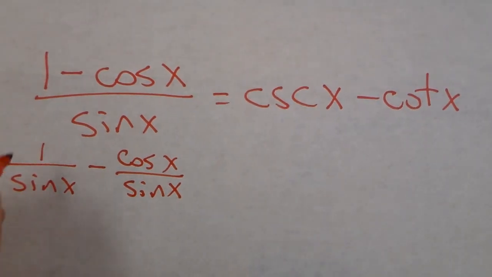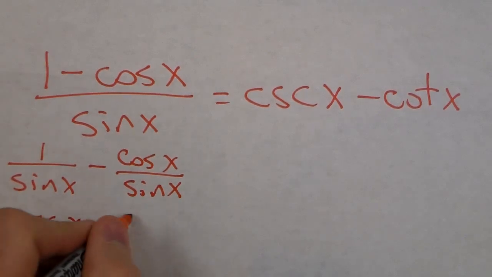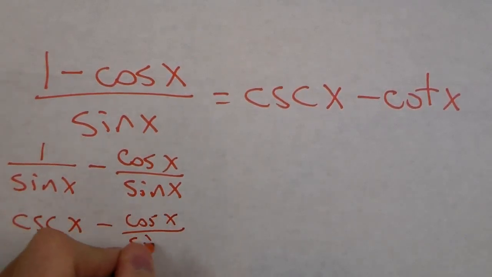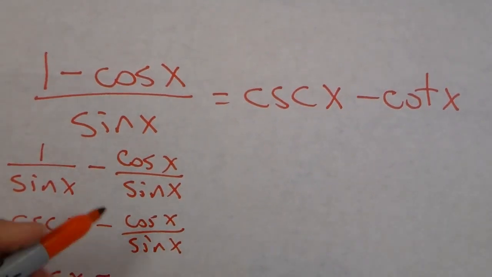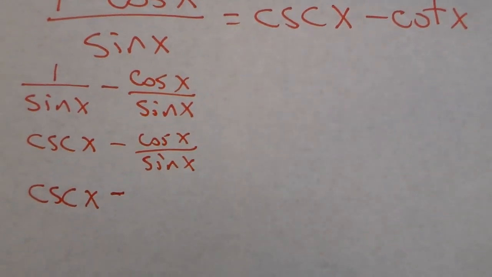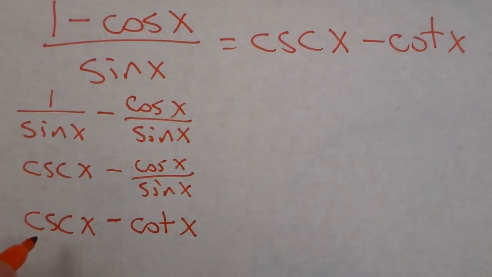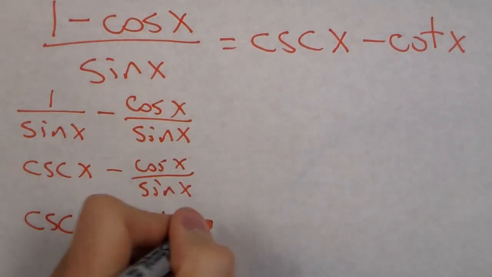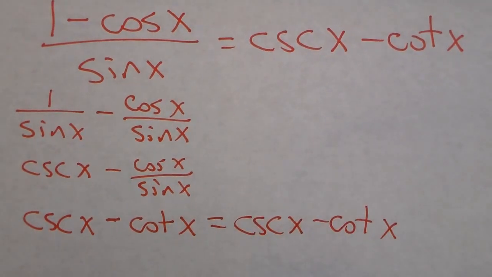Now sine of x in the bottom leads to a reciprocal. The reciprocal is cosecant x. And now we're going to take care of the other fraction. Cosine over sine is going to be cotangent. So now I have cosecant x minus cotangent x, which is what we wanted. And we have a matching statement.